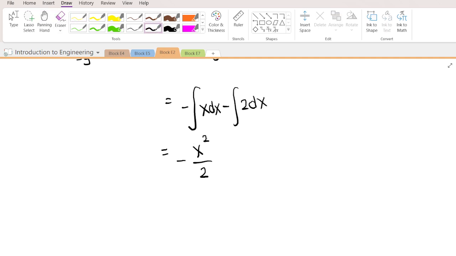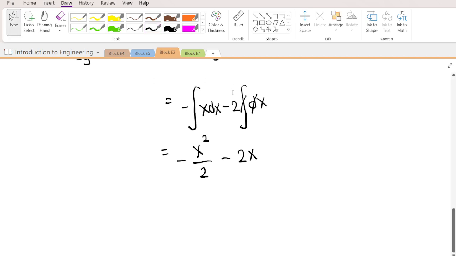So I will not be anymore doing the slow step-by-step process, which you can already do at this point. And then minus 2x. So for this one, I brought out the 2 and then integral of dx. So if they are beside each other, the integral sign and the d, they will be cancelled out.